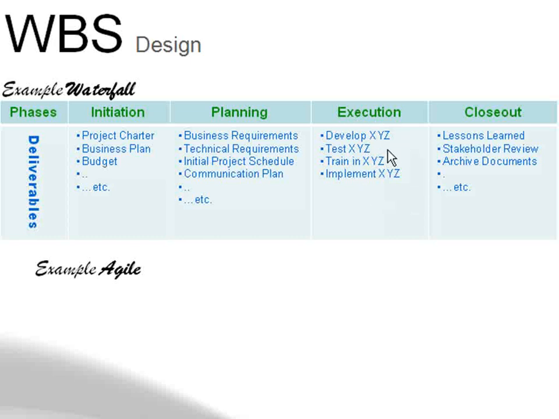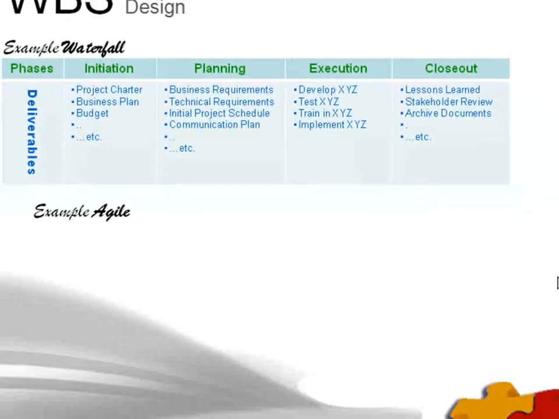You'd have different deliverables that you're working on in the execution phase, as well as test, train, and implement. And in a waterfall project for closeout, you might see lessons learned, stakeholder review, archive project documents, etc. This is an example of how a waterfall work breakdown might appear in terms of the deliverables.